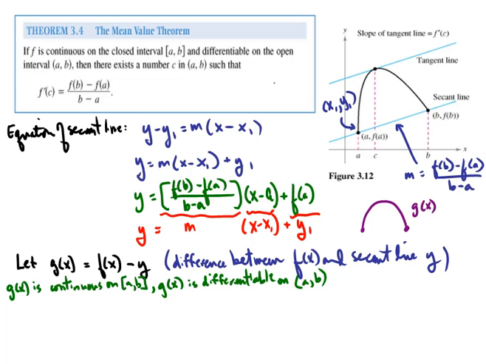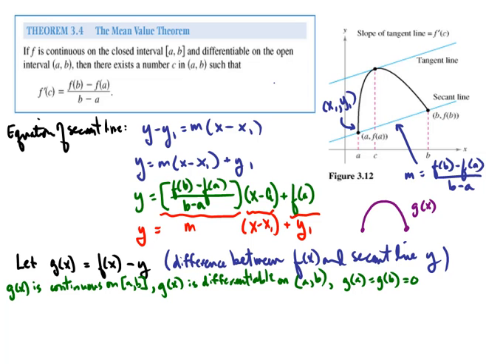And since both f of x and y are differentiable everywhere, f of x minus y, or g of x, will be differentiable everywhere on that open interval from a to b. And finally, we have that g of a is equal to g of b, which is 0. We can see that in a little purple diagram there. By defining g of x as f of x minus y, it starts at 0 and it ends at 0.